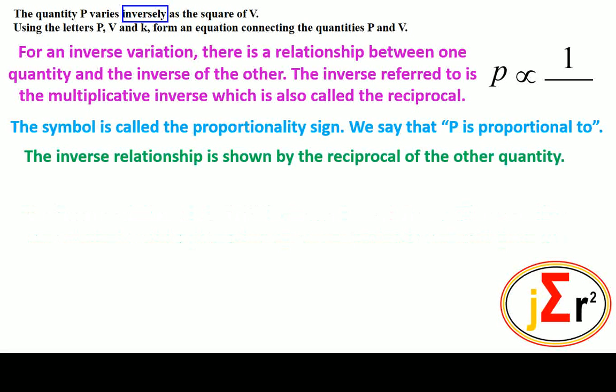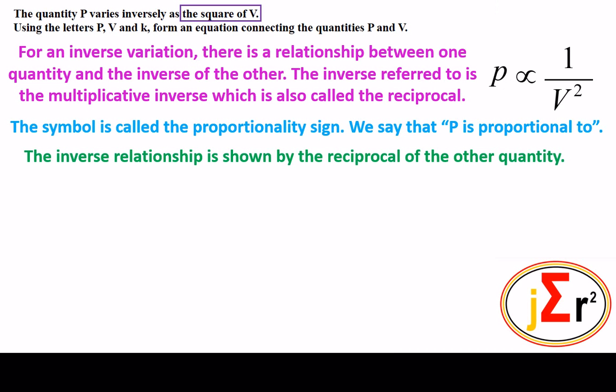The inverse relationship is shown by the reciprocal of the other quantity. But what is the other quantity? The square of V. The quantity P varies inversely as the square of V. So we have there the square of V.